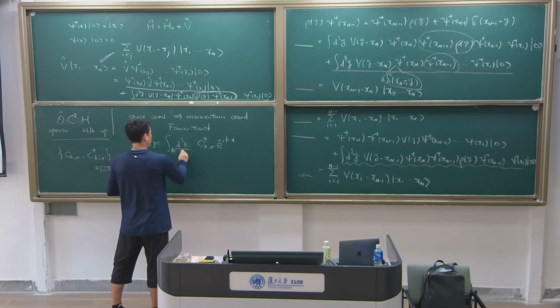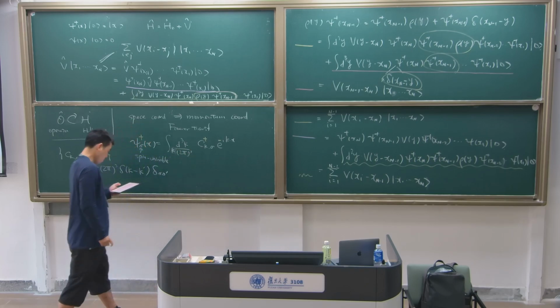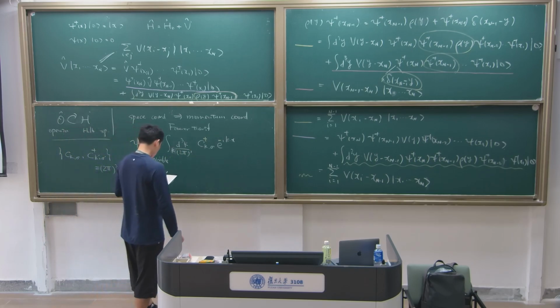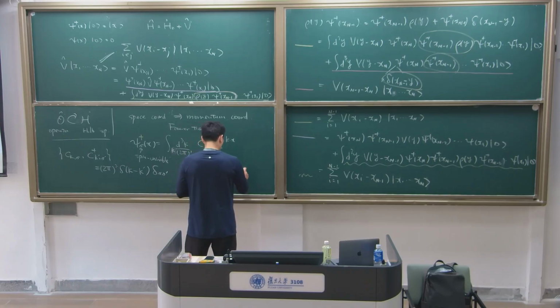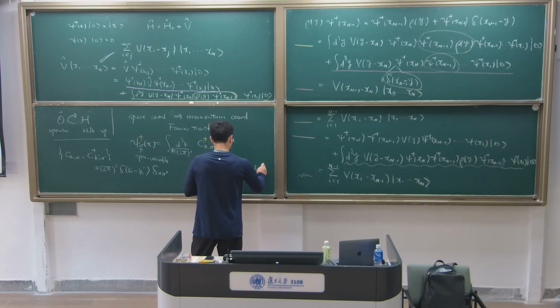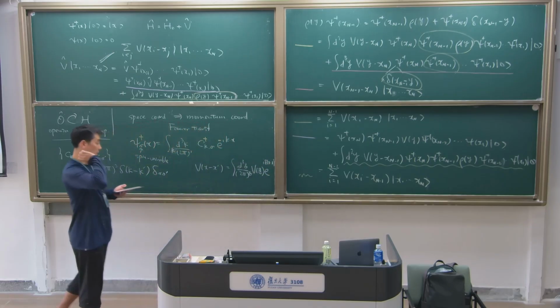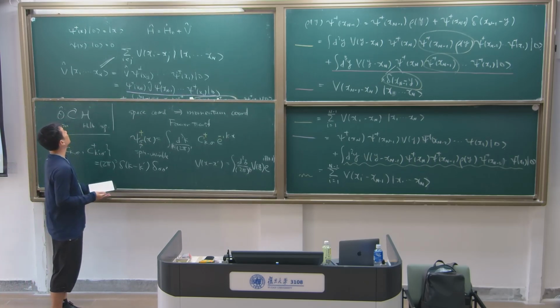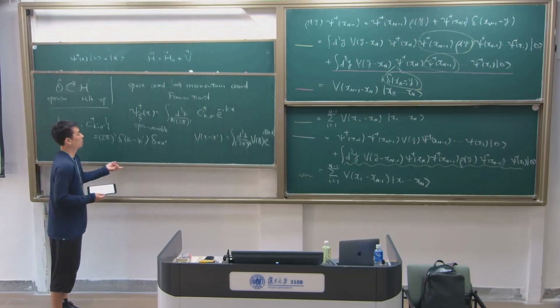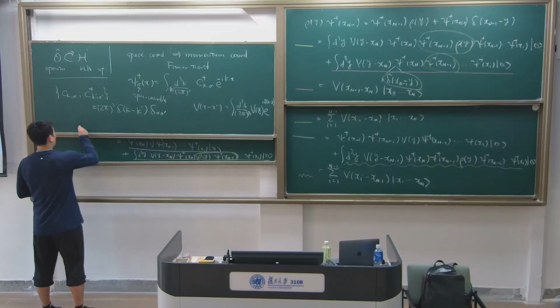Sorry, there's some typos here. Okay, and then we can take this interaction term, which is also a Fourier transformation, e to the i q times x minus x prime. Then this interaction term can be written as follows.